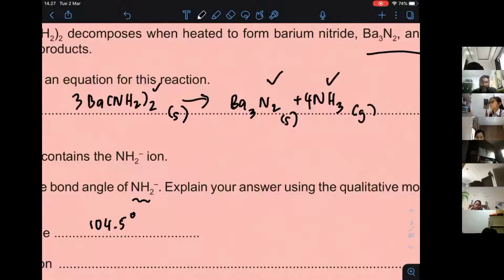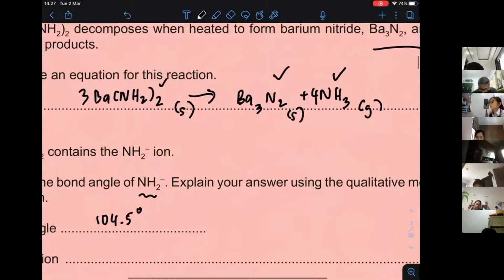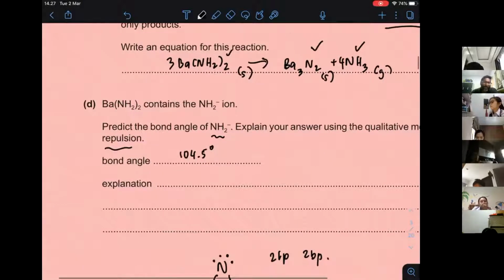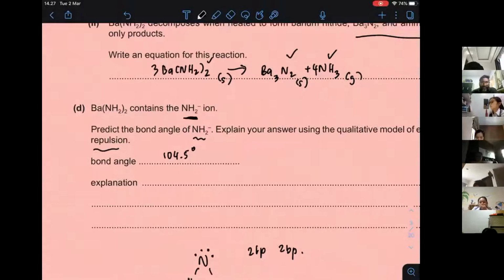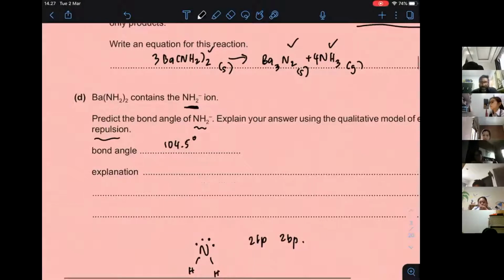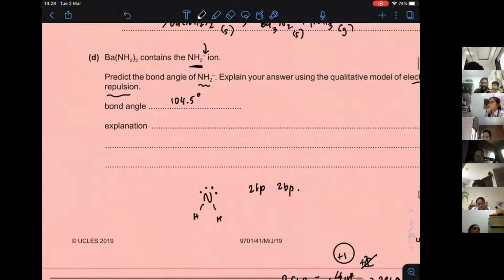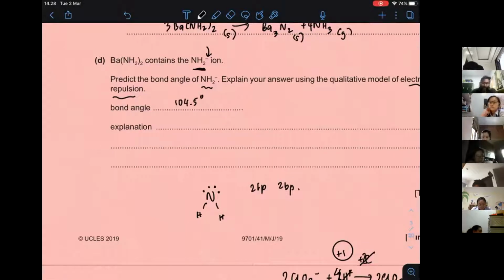Now, the next question is, you have this ion, NH2 minus ion. Do remember nitrogen has 5 valence electrons, but since there's going to be one more electron over here because it's an ion, you are going to have different combinations of the lone pair and bonding pair. So if we predict the bond angle of NH2 minus, explain the answer using this.